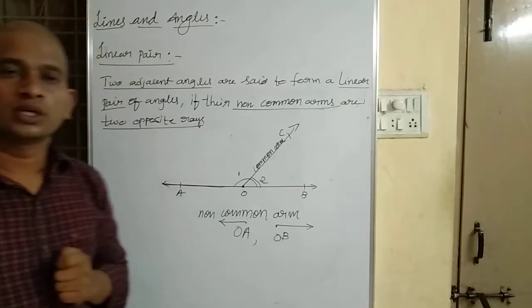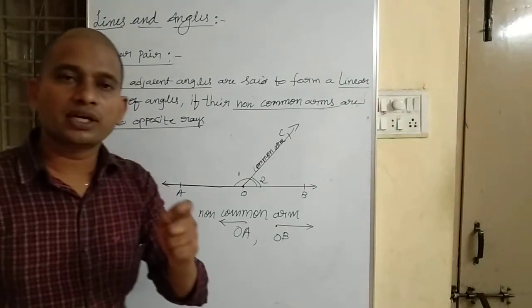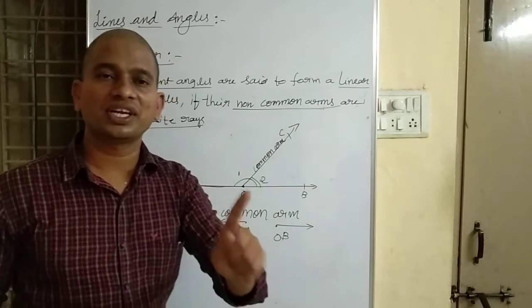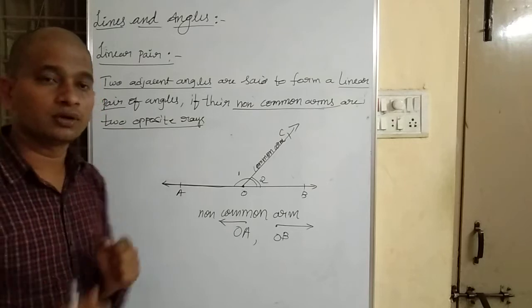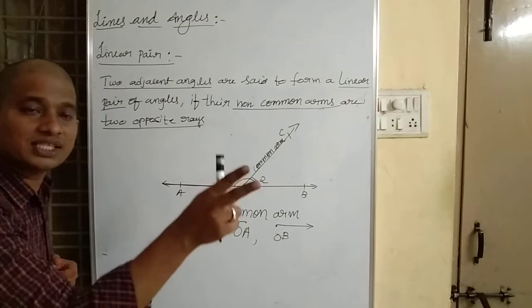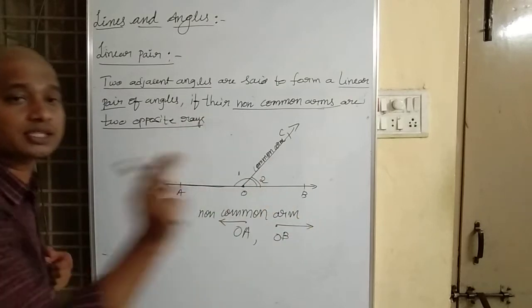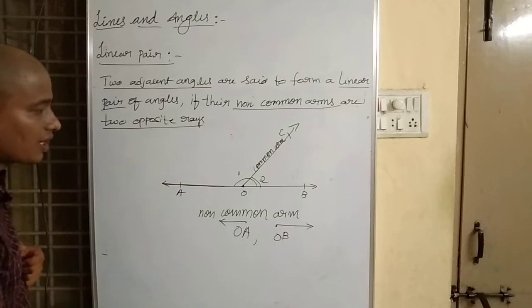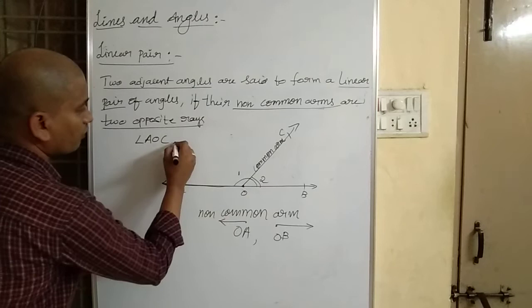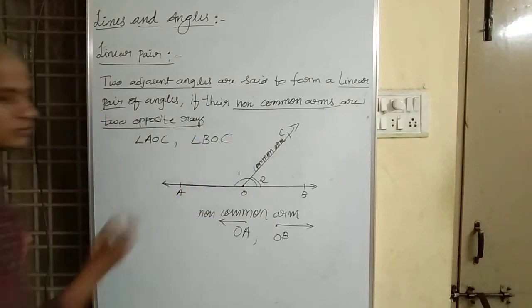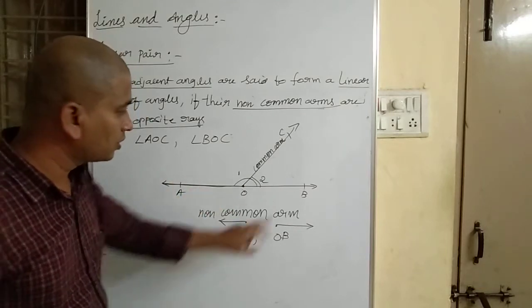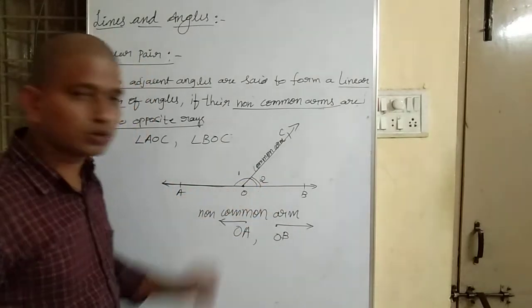And also, a linear pair is nothing but the sum of the two adjacent angles must be 180 degrees, which is an important point. What do you mean by linear pair? A linear pair is nothing but the sum of the two adjacent angles equal to 180 degrees. Here, what are the two adjacent angles? We can find here angle AOC and angle BOC are the two adjacent angles. AOC we can call angle 1, BOC is angle 2.